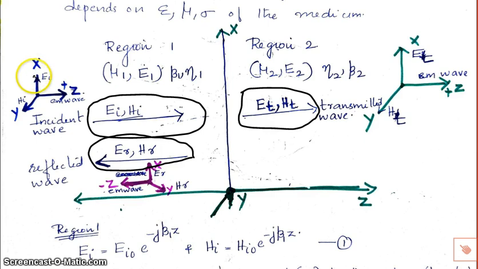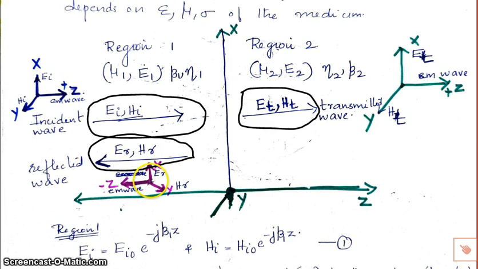And here you can see the components. Ei, the electric field of the incident wave, is along the x direction, the magnetic field is along the y direction, and the wave is along the z direction. Similarly, the electric field of the transmitted wave is along the x-axis, the magnetic field along the y-axis, and the wave along the z-axis.